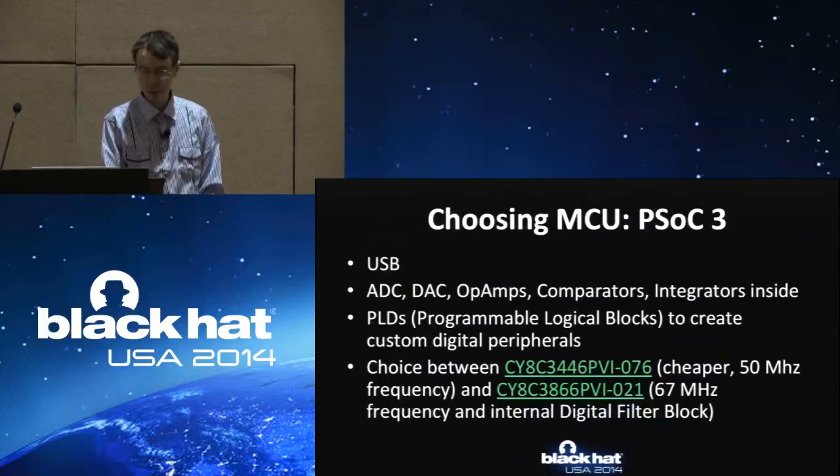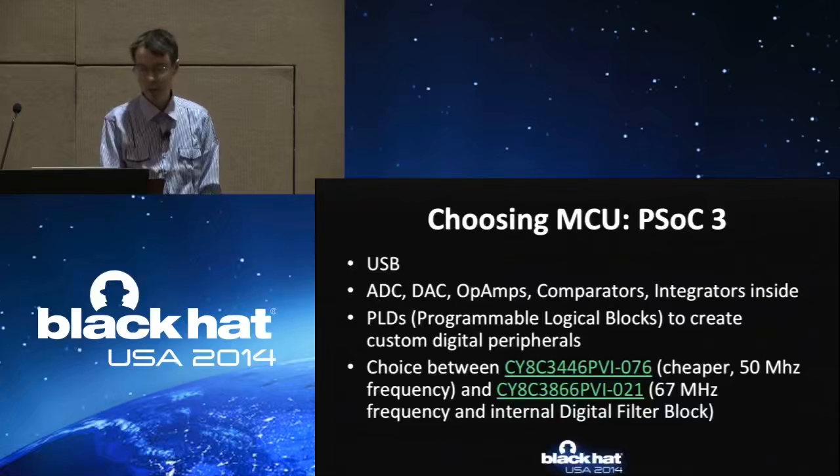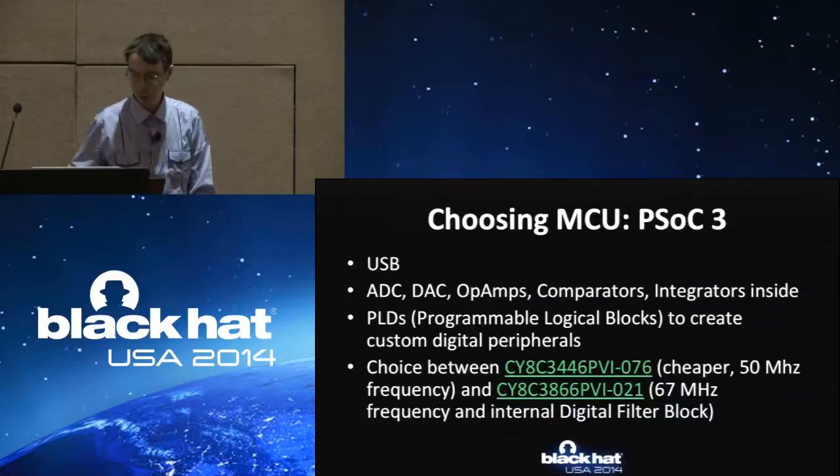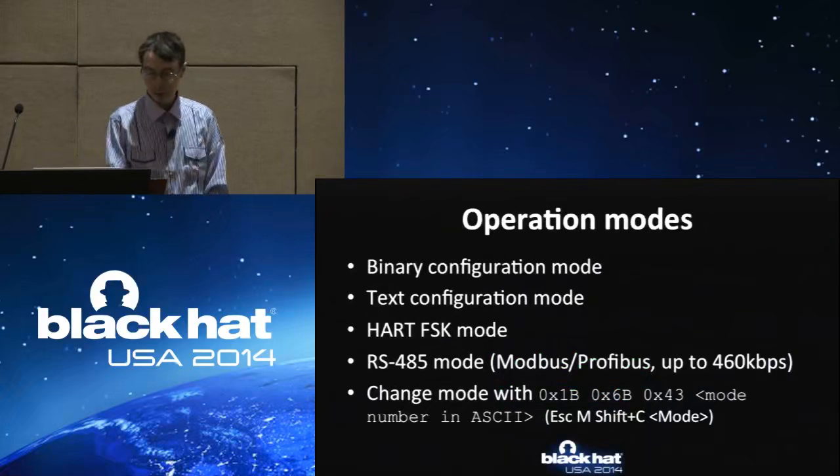It has hardware USB support, many useful analog and digital blocks, and the current version of the board could be soldered with the C34 family, that is cheaper, or the C38 family that has an internal digital filter block, which allows working with high-speed protocols. The board has 4 operation modes.